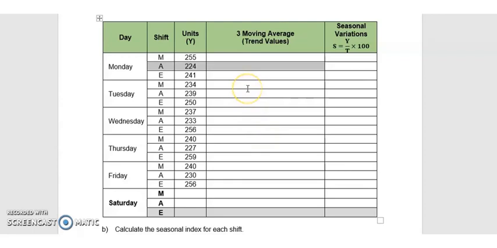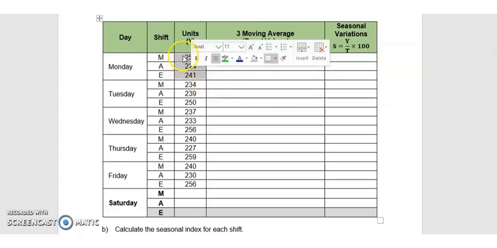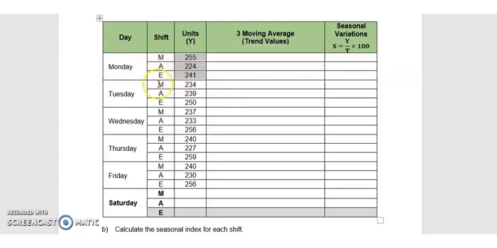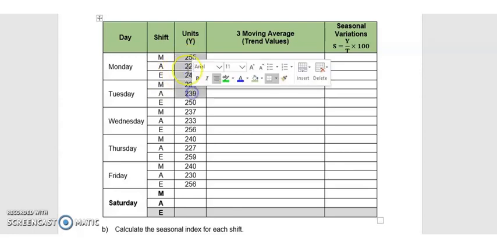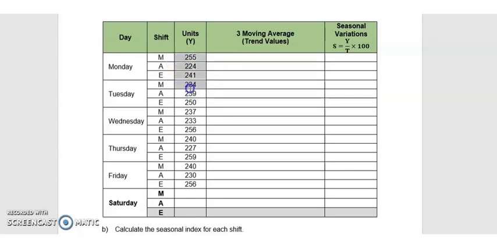What is meant by moving average? Since we have three shifts, how to find the average? Total up three values and then divide by 3. Why divide by 3? Because we total up three values. If you have data for 5 days, for example, you total up 5 days, 1, 2, 3, 4, 5.